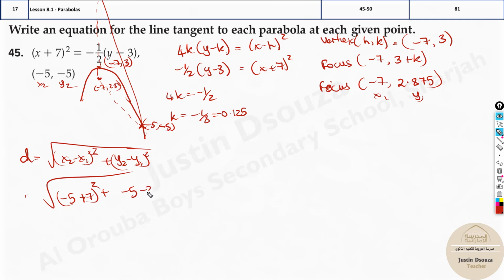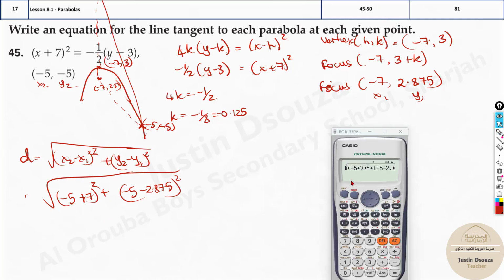Minus 5 minus 2.875, the whole square. Now use the calculator and we will solve this. I have put this in the calculator: negative 5 plus 7 the whole square plus negative 5 minus 2.875 the whole square. The answer is 8.125. So the distance is 8.125 units.